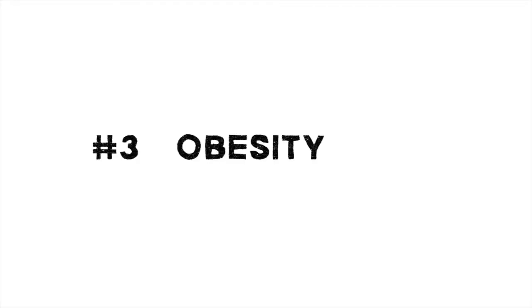The third reason is obesity, being overweight. If a person is above his ideal weight, or has been fat for many years, he has chances of getting diabetes. These are the three reasons why type 2 diabetes occurs.